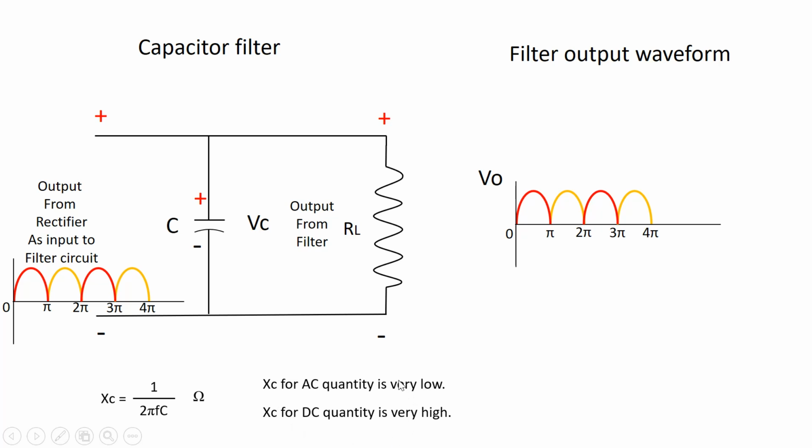With these characteristics, this capacitor will be conducting the majority of the AC quantities present in this rectified waveform, but it will not conduct any of the DC quantities, so that most of the pure DC along with the unfiltered AC will be reaching this load resistance RL.